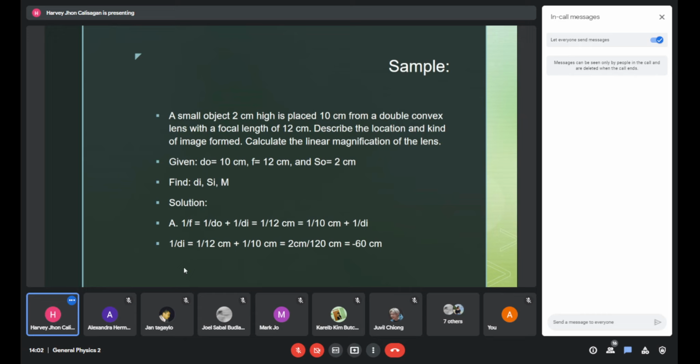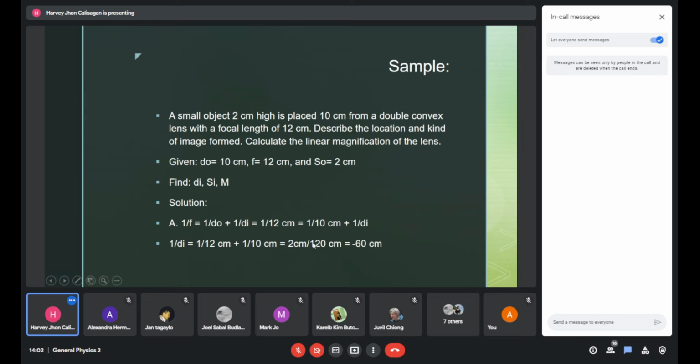So, 10 minus 12 is negative 2 divided by 120 centimeter. And then since we have 1 over DI, we'll have 120 centimeter divided by negative 2 centimeter is negative 60 centimeter. Take note of the 60, the negative sign here came from the negative 2 centimeter that we have here.